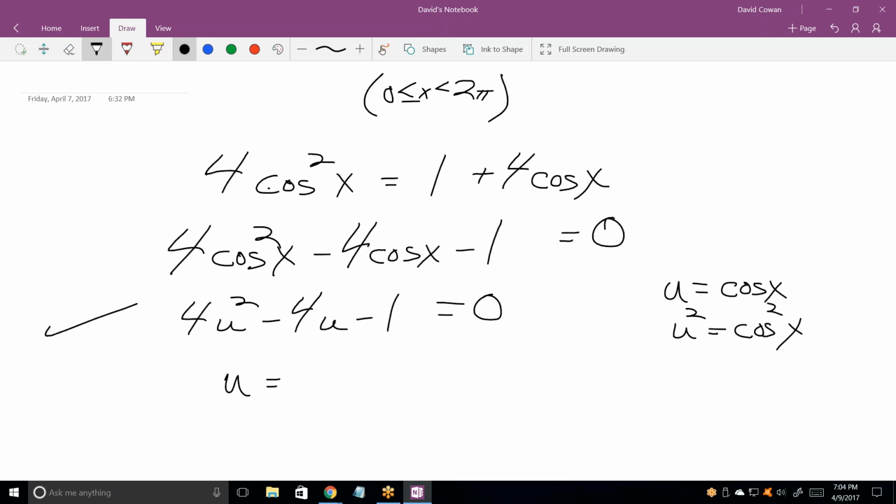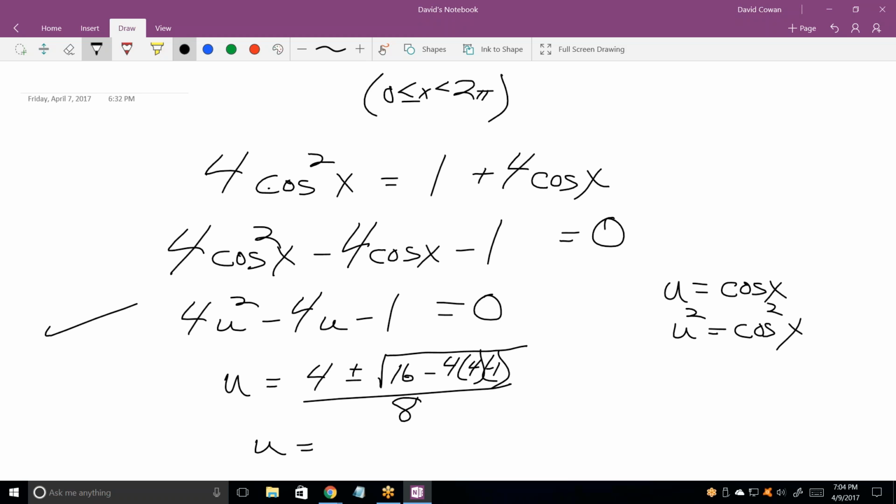What do we got? Positive 4 plus or minus the square root of negative 4 squared minus 4 times 4 times negative 1, all over 2 times 4.